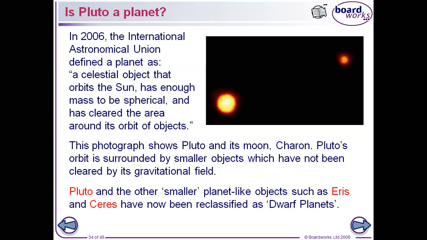Pluto also has a unique orbital pathway, which is different from others, but that's not the reason why it's called a dwarf planet. The reason is that it has not completely cleared its path. It has other objects around, competing for space and all of that.